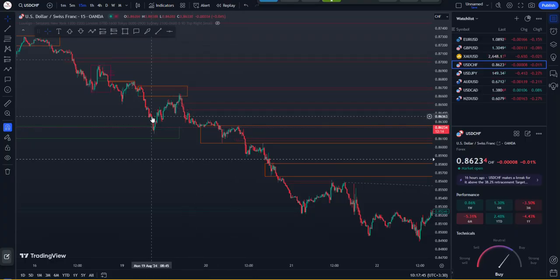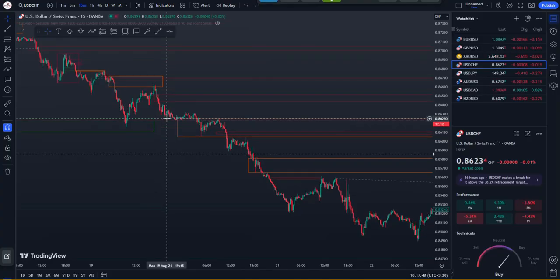actually where price reached to, price actually reached the top of here.